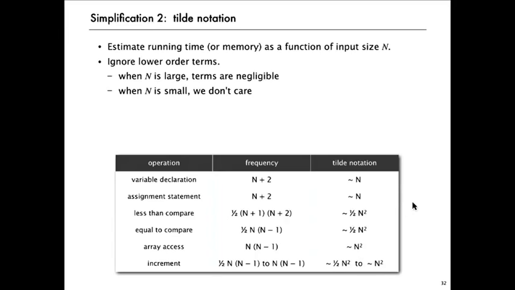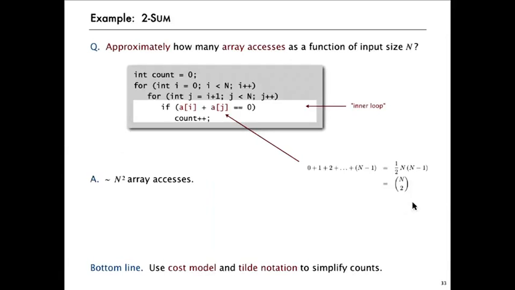When n is large, the other terms are negligible. When n is really small, they're not negligible, but we don't really care because we're trying to estimate running times for large n, and running times for small n are going to be small no matter what. So now we're using both the cost model and the tilde notation, and we can simply say that this program uses tilde n squared array accesses, with the implicit hypothesis that the running time is going to be tilde a constant times n squared.